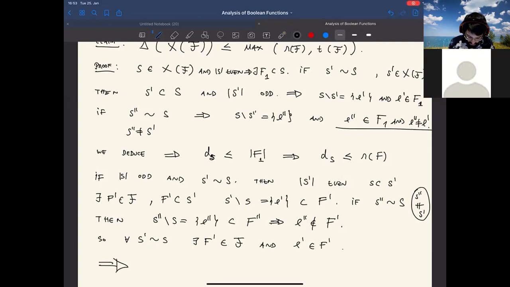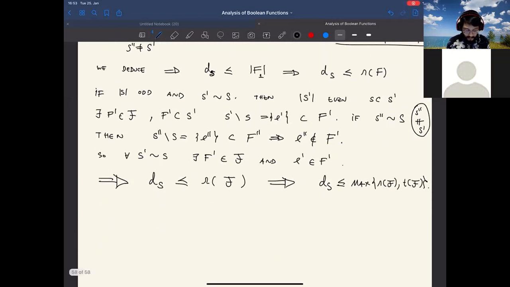And so we conclude that the number of neighbors, the degree of F, is less or equal than T of F. Okay. And so we conclude that the degree of F is less or equal than the maximum of R of F and T of F, because it could be even or odd. Okay, that finishes the claim.